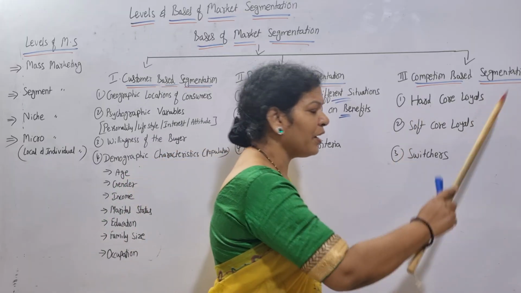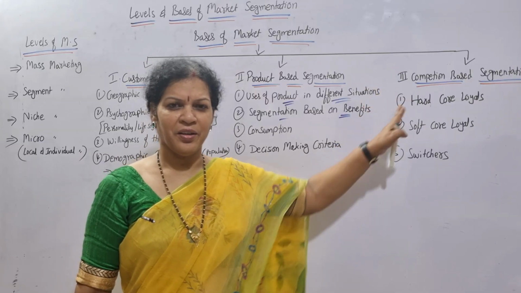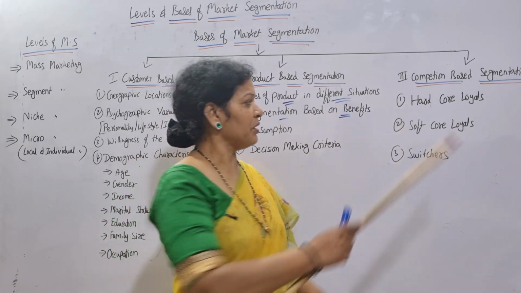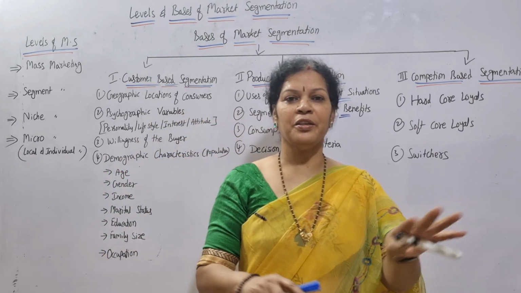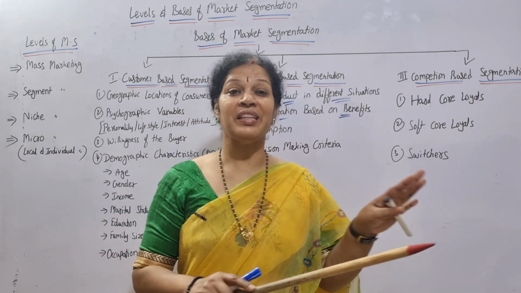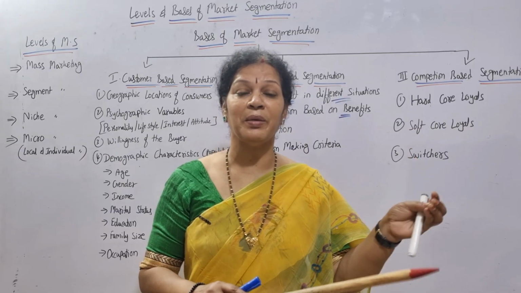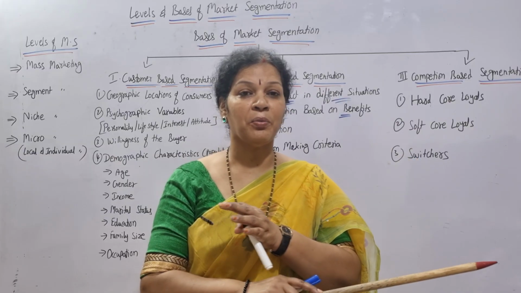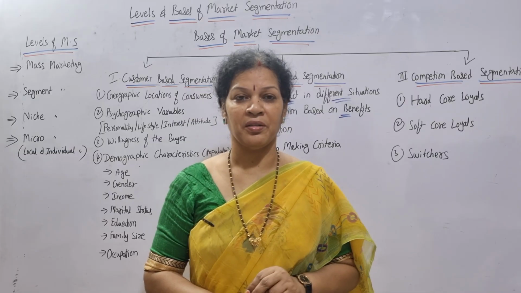One is hardcore loyals. Based on consumers only we have divided this. The first category of consumers are hardcore loyals. Whatever products enter the market, it doesn't matter, these consumers are very loyal to our product. They want to buy only our product. They do not want to change their opinion or shift from our product to another product.